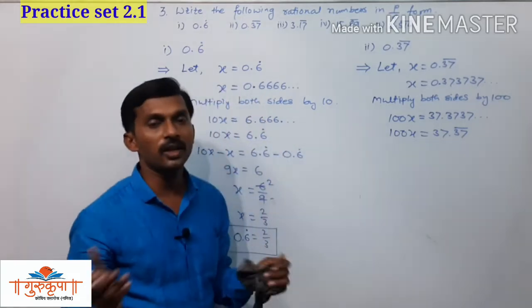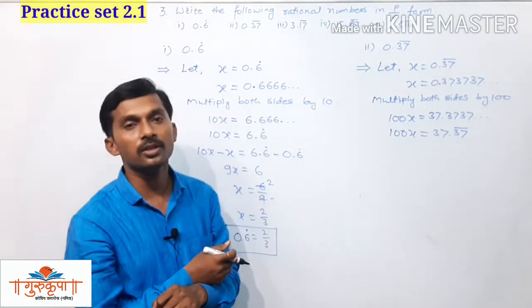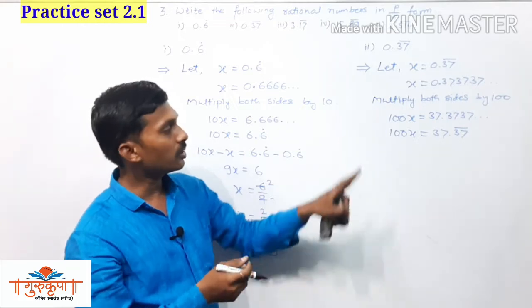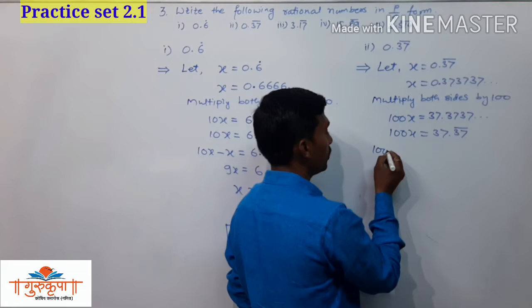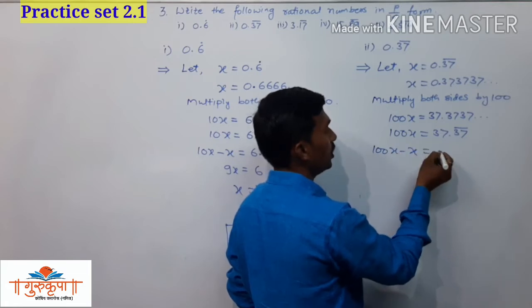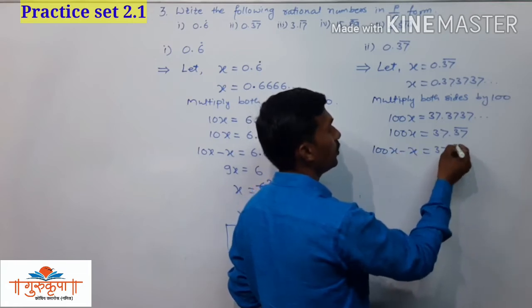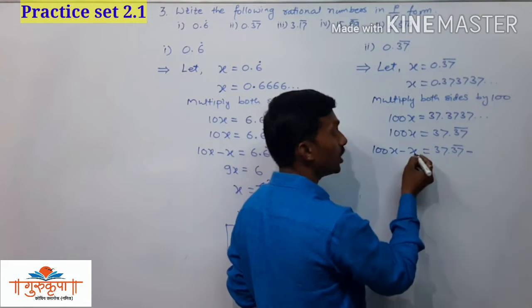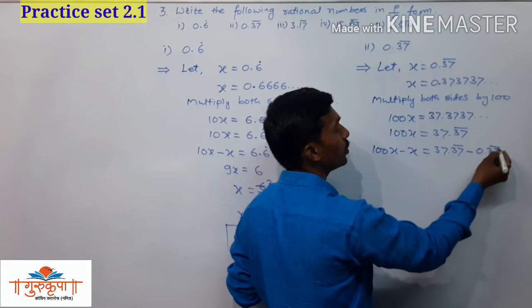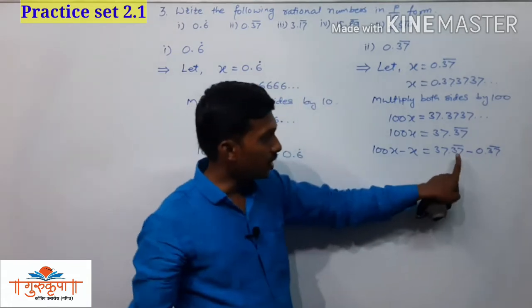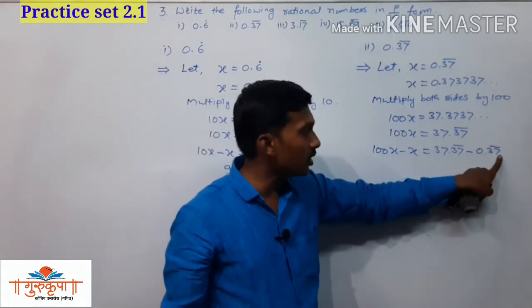And now the third and last step, we have to subtract x from both the sides. So here we will write 100x minus x is equal to 37 point recurring 37 minus the value of x, that is 0 point recurring 37. And what should be the subtraction? Recurring 37 minus recurring 37 is 0.